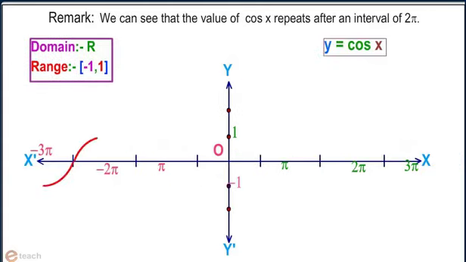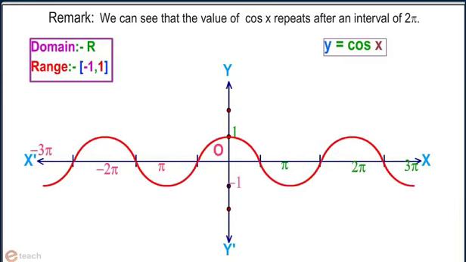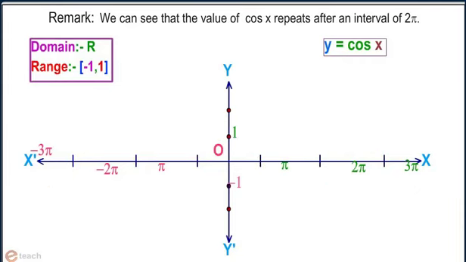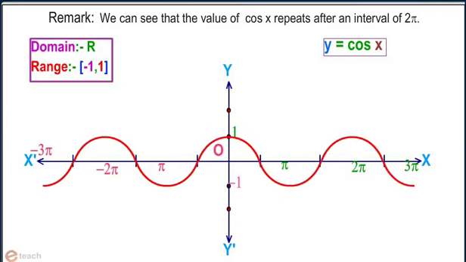We can see that the value of cos x repeats after an interval of 2 pi. The domain is set of all real numbers and the range is [-1, 1], both included.